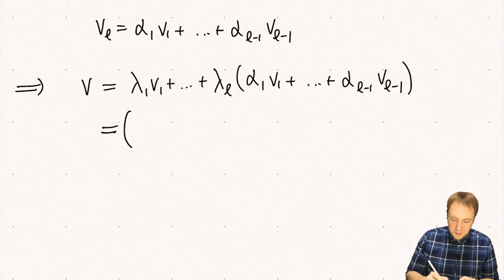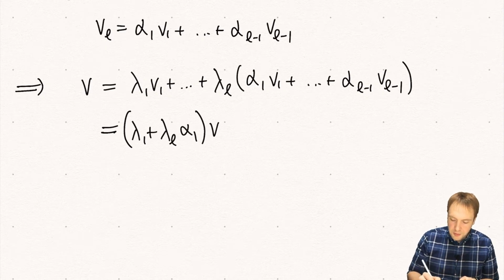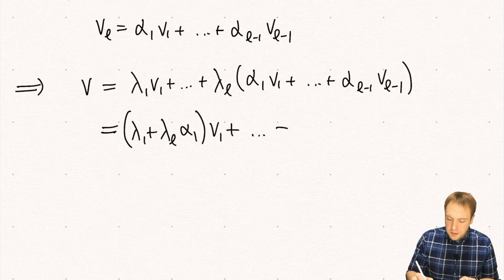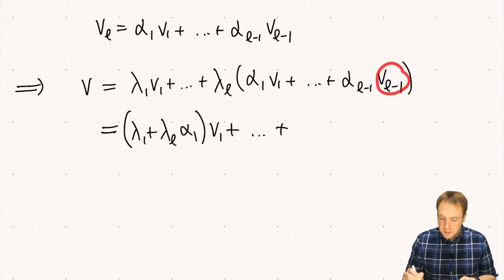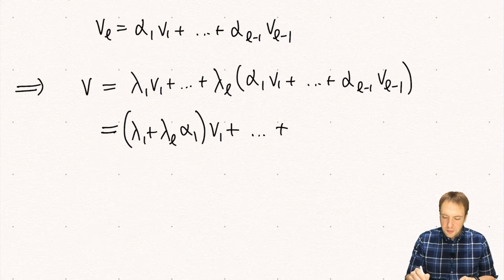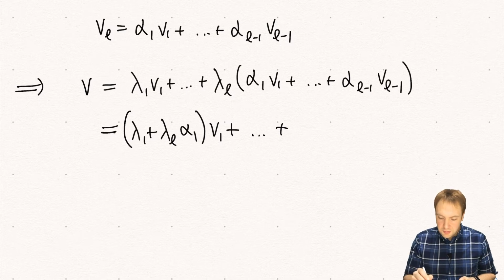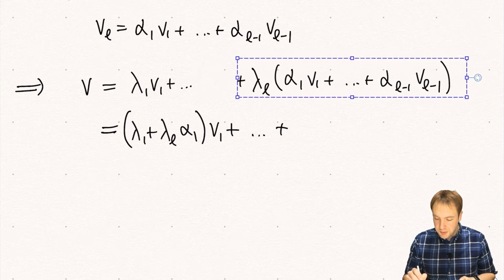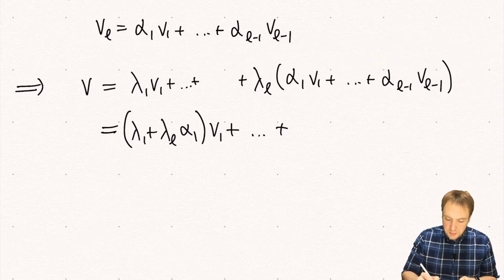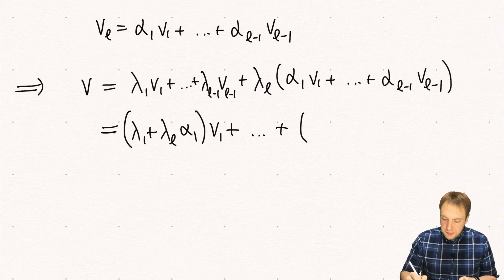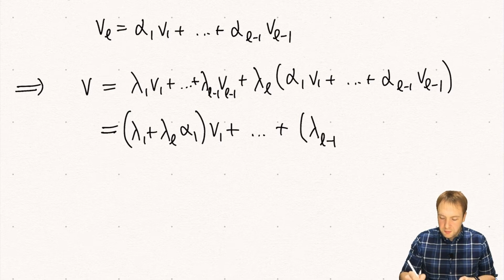So the coefficient here is lambda 1 plus lambda L times alpha 1, times V1, plus and so on. And then the last one is VL minus 1. So here we have lambda L minus 1 times VL minus 1. And therefore the last coefficient is lambda L minus 1 plus lambda L times alpha L minus 1.